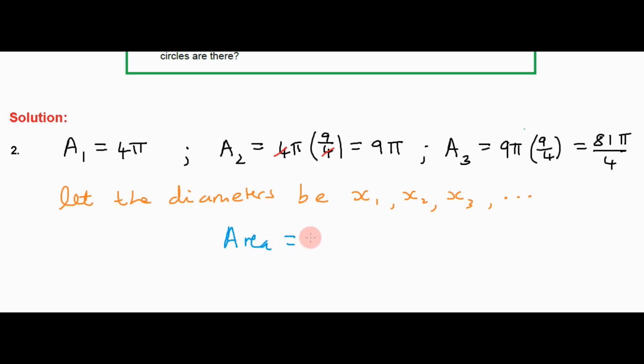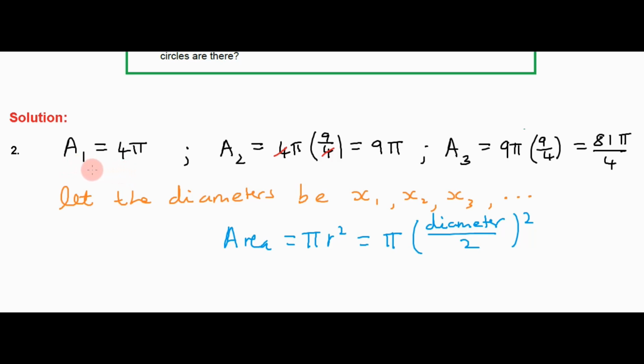The area of a circle, of course, is pi r squared, but we want to work with the diameters. So it's pi times the diameter over 2 all squared. Remember that the radius is half the diameter. So we're going to use this equation.